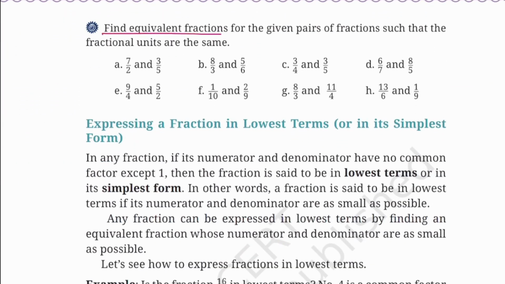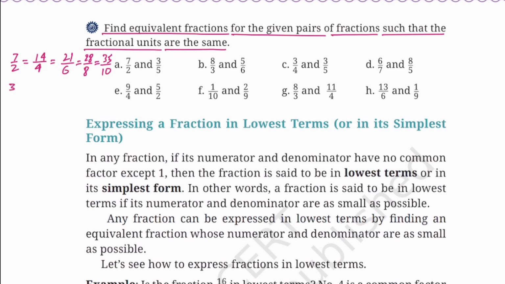Find equivalent fractions for the given pairs of fractions such that the fractional units are the same. 7 upon 2 is equal to 14 upon 4 is equal to 21 upon 6 is equal to 28 upon 8 is equal to 35 upon 10.